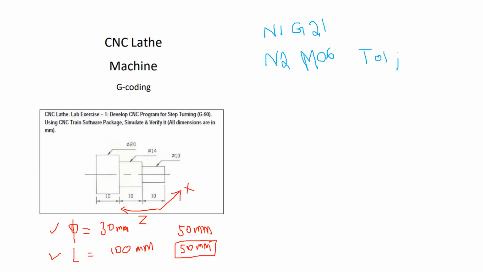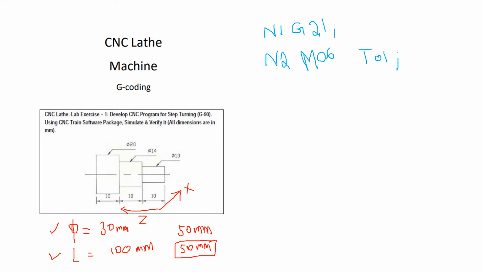I have selected tool 1 for this operation. In the assignment you will be given a set of tools, so you can choose the tool accordingly. For our operation we have selected tool 1 as the tool that will be performing the operation.